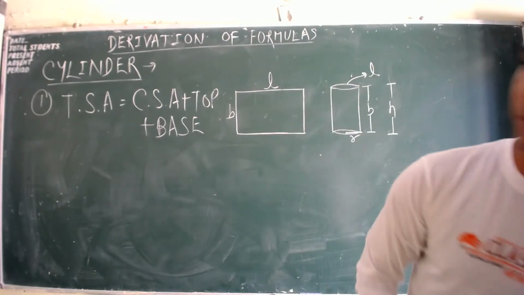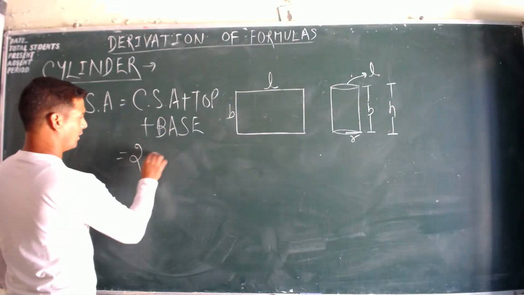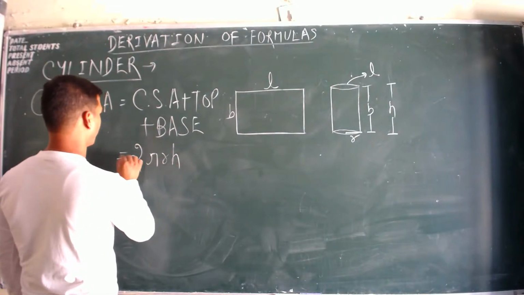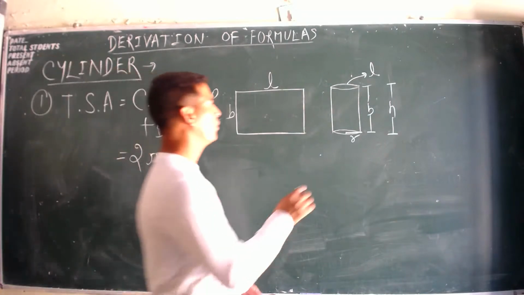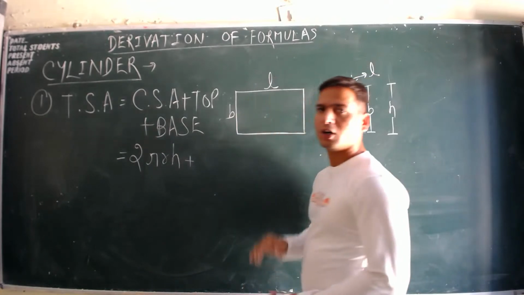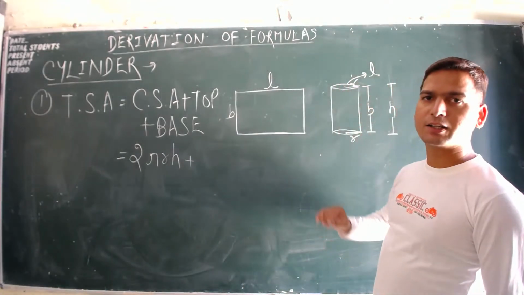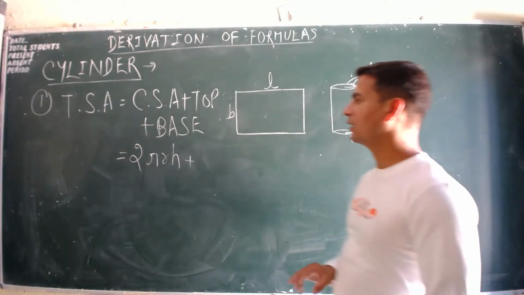So CSA we know is 2 pi r h. Recently we have proved it. Now the top face. The top face is a circle whose radius is small r. Clear? Top and bottom faces are circles whose radius is small r.